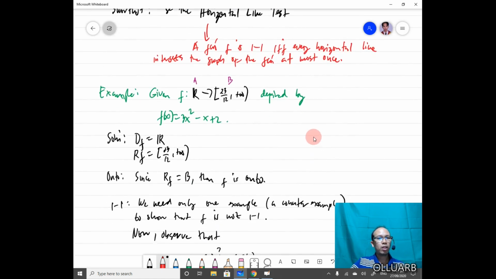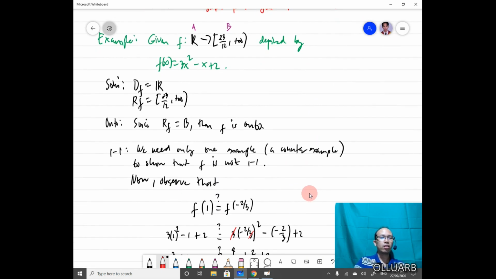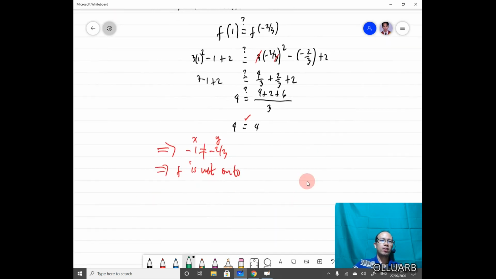So in this case we cannot get the inverse. Let's complete this. Find the inverse if it exists. So since from here, therefore f doesn't have an inverse.